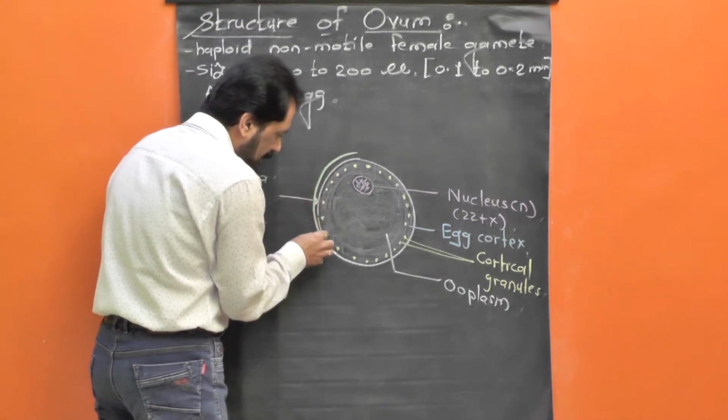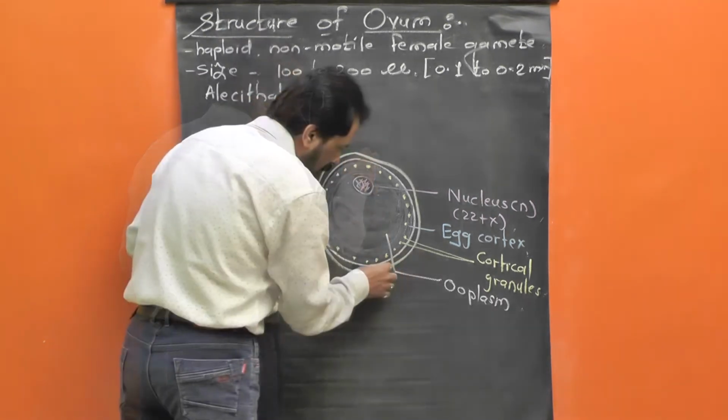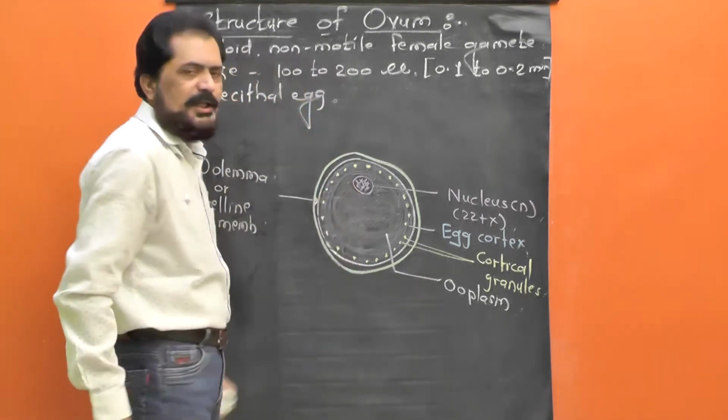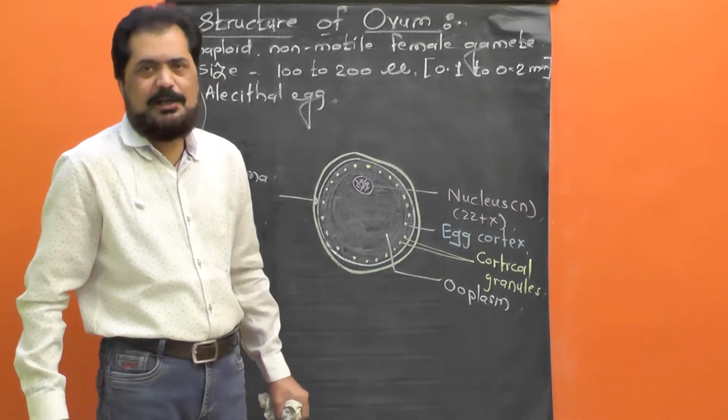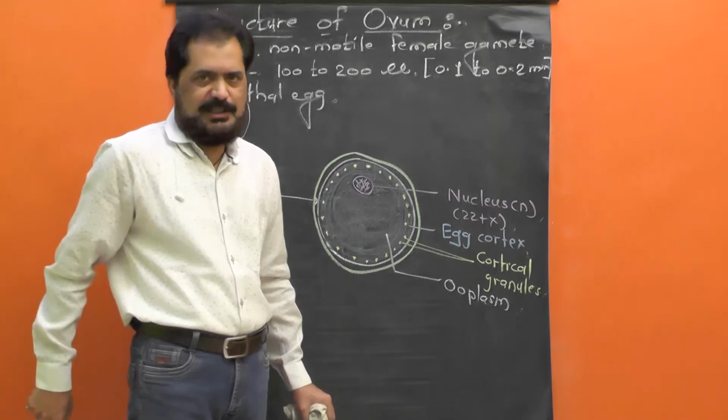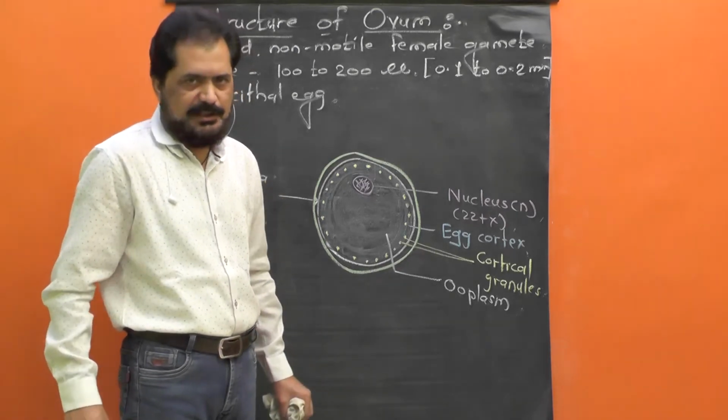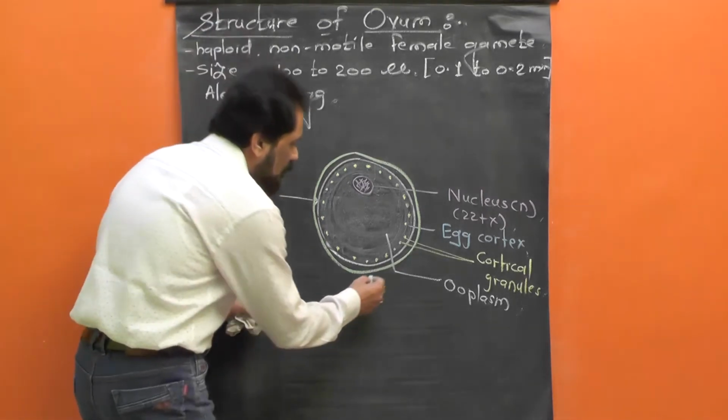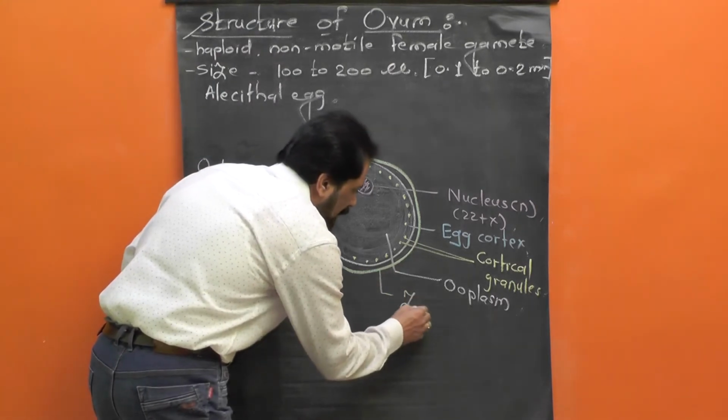The inner one is thin, non-cellular, made up of gelatinous material, jelly-like, sticky material, known as zona pellucida.